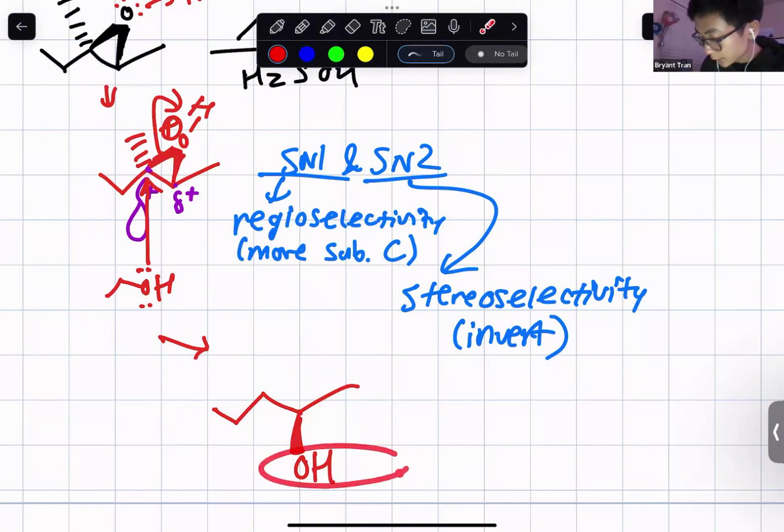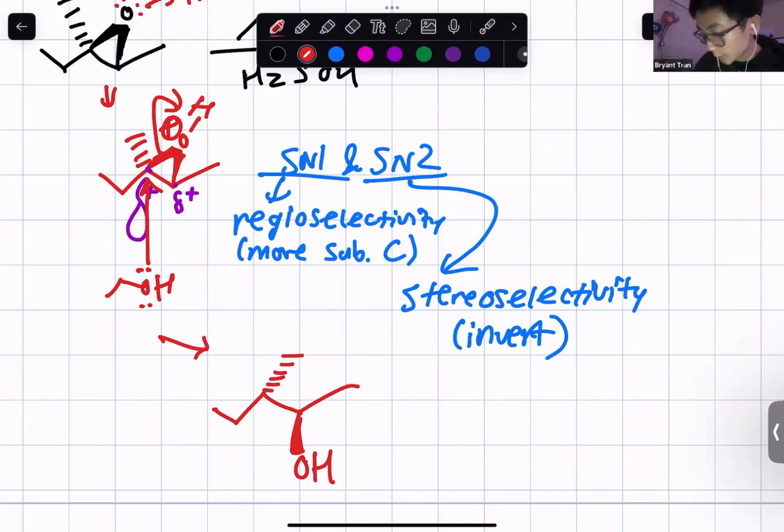And this OH right here is the epoxide OH. The oxygen was positively charged, but it's now neutral because it gained a pair of electrons from this bond being broken off. This is the new bond being formed between the carbon and oxygen. This dash methyl right here is going to become a wedged methyl like that.